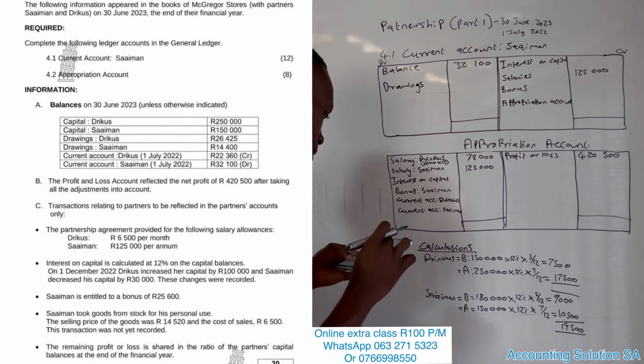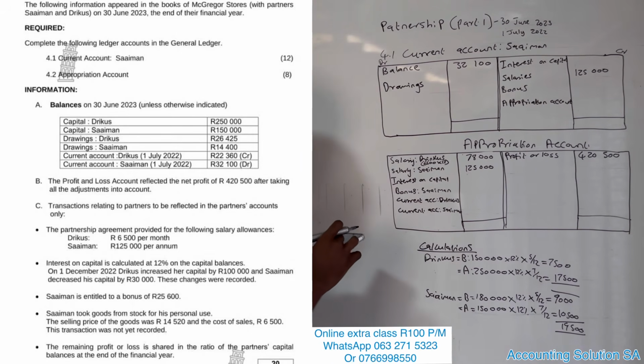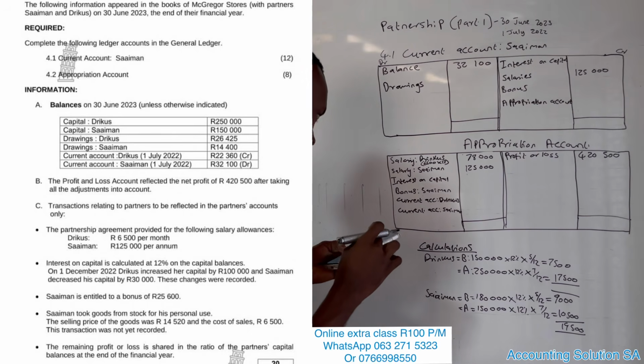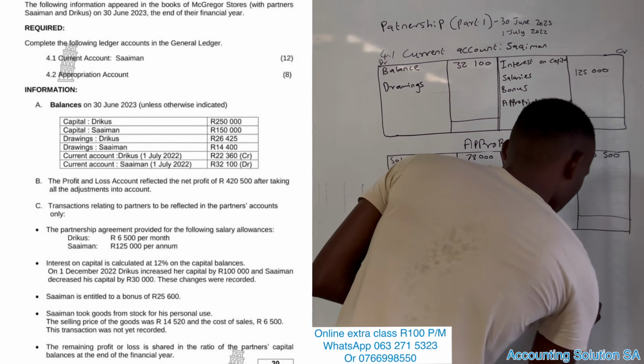Plus 7,500. 7,500 plus 17,500 is going to give us 25,000.